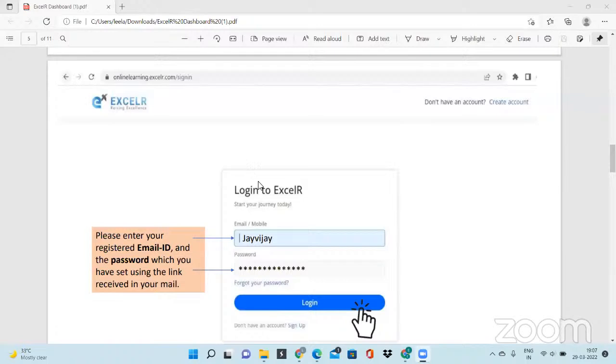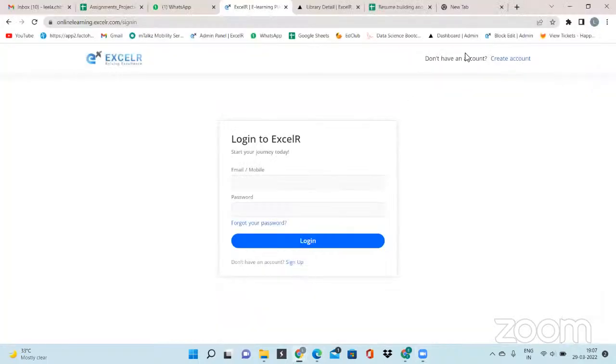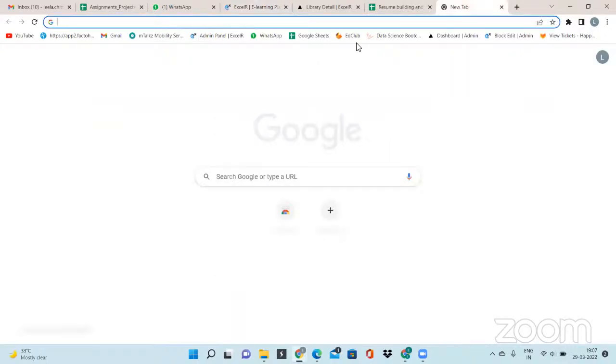Log into ExcelR. We would request you to give your registered email ID and the password which you have set using the link received in your mail. Okay, so I'll also show you how to log in. This is the login page, onlinelearning.excelr.com. Once you have set your password, you would be seeing this page.